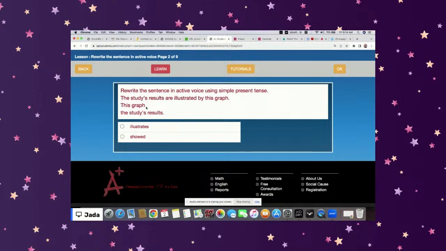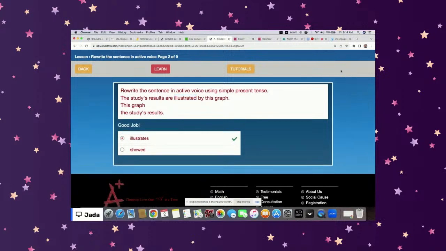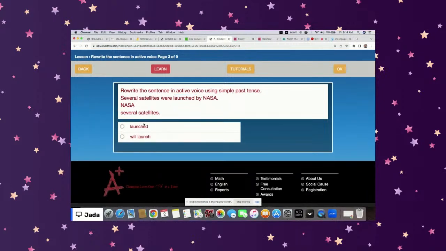Now, the study's results are illustrated by the graph. Now, this graph illustrates the study's results. This was in present tense, and this is in simple past.